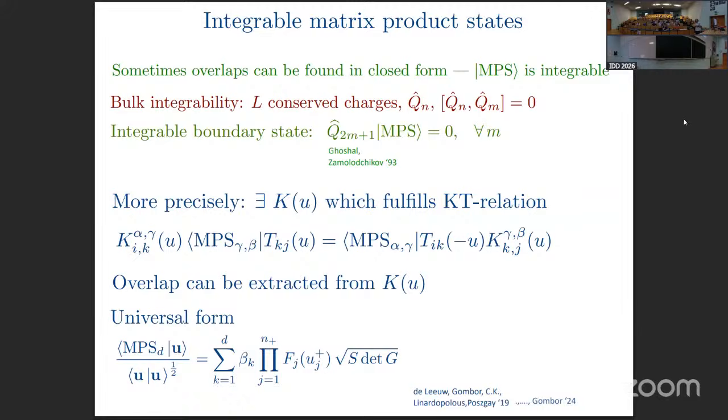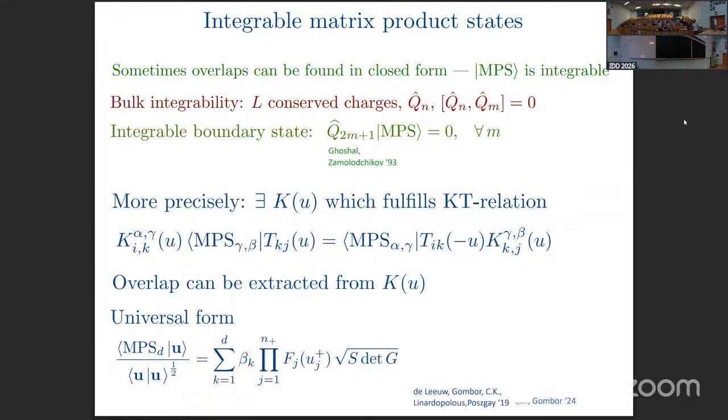Okay, so if you want to be more precise and you also want to extract the overlap, then you have to look at what is called the KT relation. It's a procedure which has been worked out after many years of various approaches to computing the overlap. And now it's summarized in the fact that you have to solve an equation which looks like this and which is denoted as a KT relation.